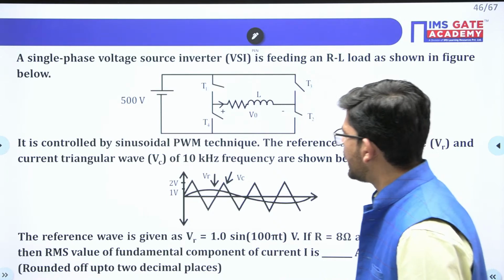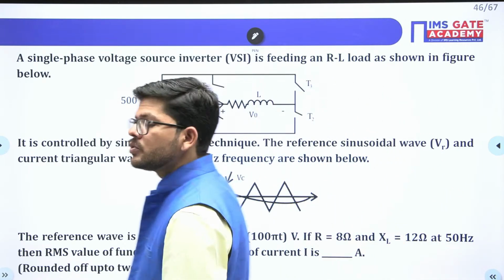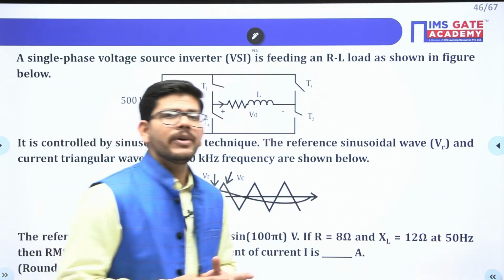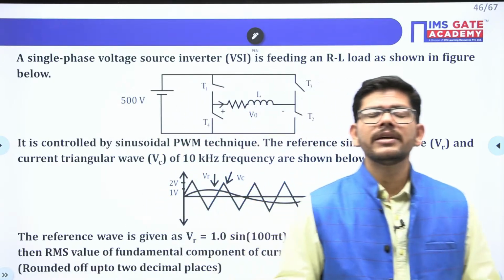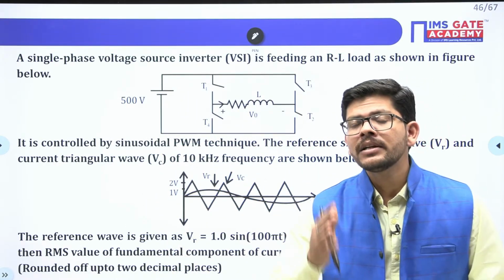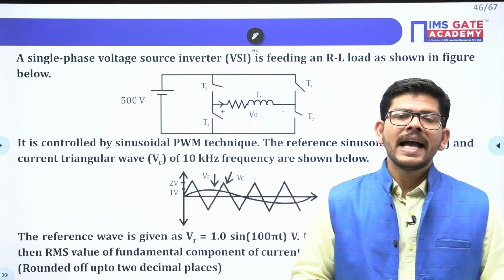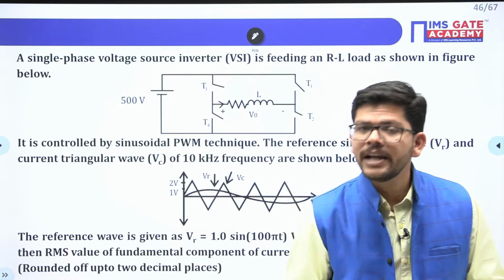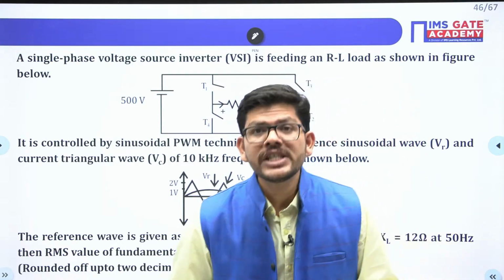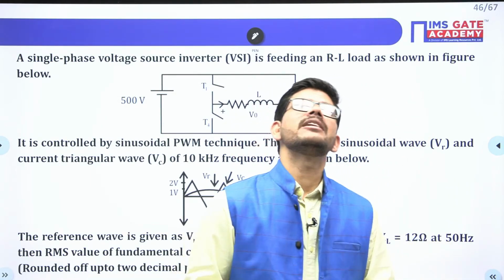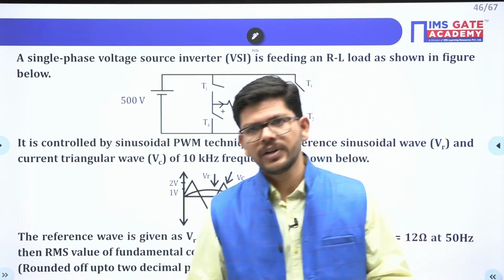So we have VR and VC waveforms shown to us. The reference voltage decides the frequency of the output of the inverter, and the carrier wave decides the switching frequency at which the inverter switches are switching.